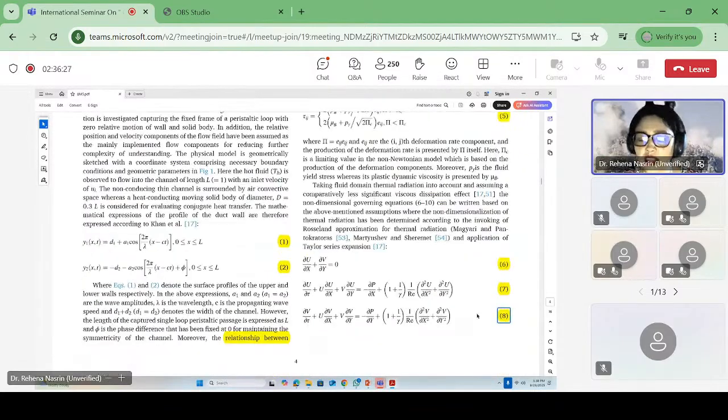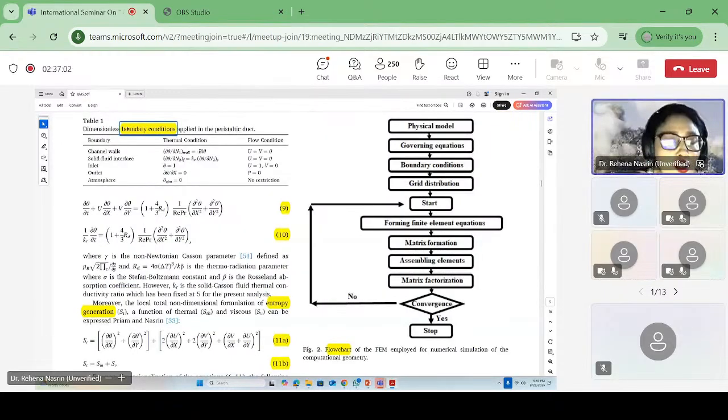And equations 6, 7, 8, these are the non-dimensional governing equations. Here we use Reynolds number. That is the forced convection number, because when we pass our food from our mouth to our abdomen, we have some forced convection, and these are the boundary conditions.